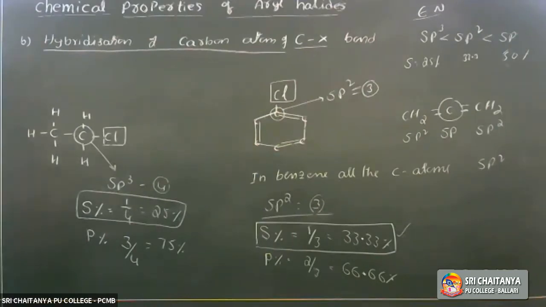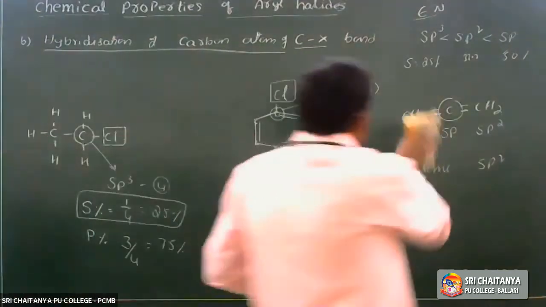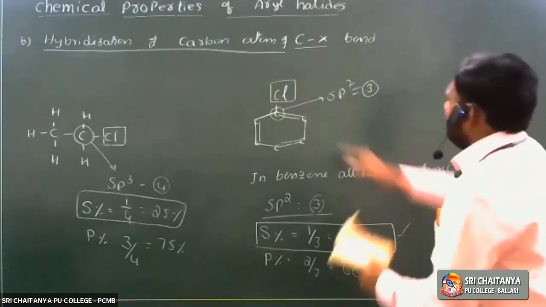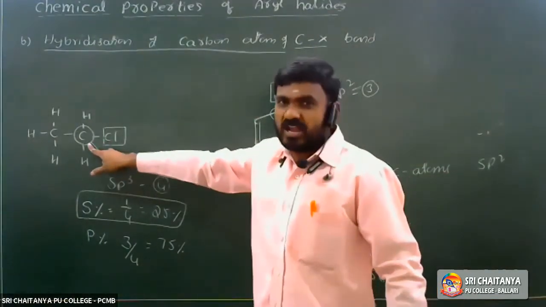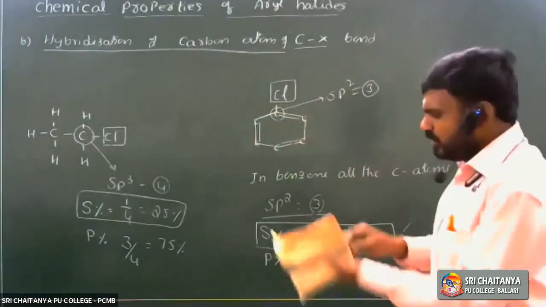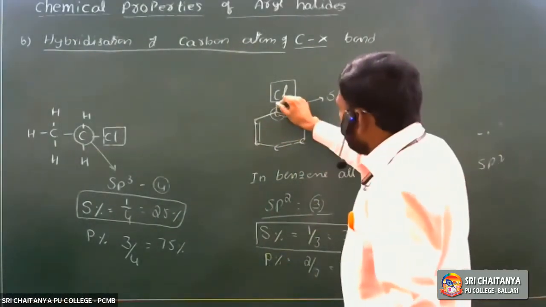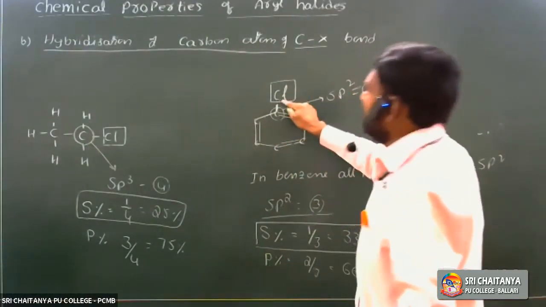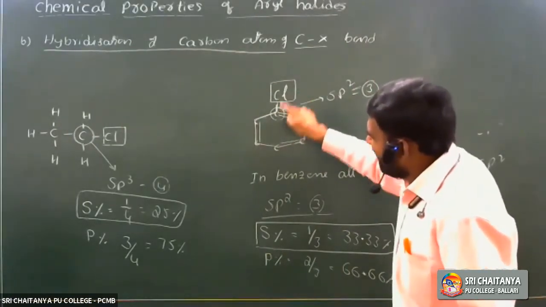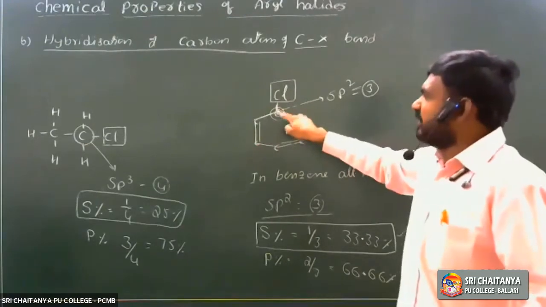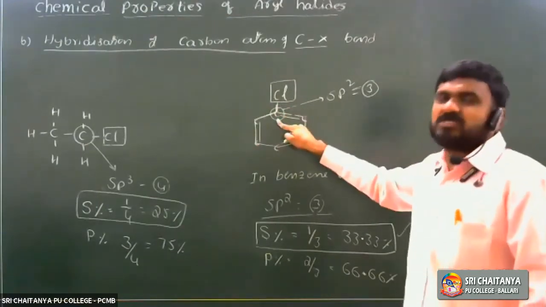Okay, now as the electronegativity increases, this carbon is more electronegative than that carbon, because the s character is more. So it can hold tightly, due to high electronegativity. It can attract the chlorine bond pair, so the attraction towards this carbon is more.